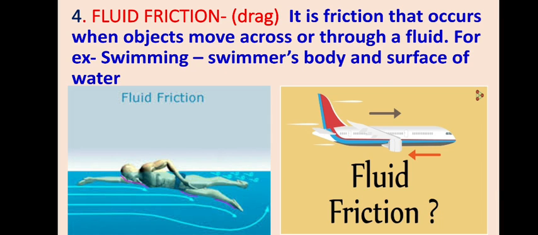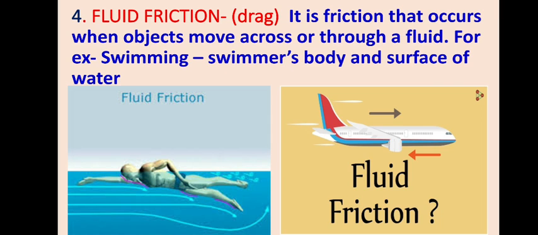So when any object moves through a fluid, it also has to face friction there. That friction is called fluid friction. If you're swimming in the water, or the fishes are moving in the water, they have to resist the friction in the opposite direction when they move.